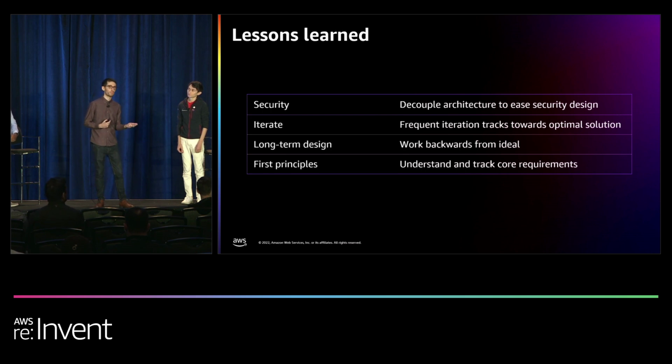What that means in reality is that we sat down together really early on in a room, and we worked through the functional, non-functional, and the business requirements so that we understood what was critical and what was not critical. And this made the designing process a lot easier when we came to crossroads throughout the 12 months. So in that, I just want to thank the whole Bridgewater team for your partnership. It's been a lot of fun, and I'll hand it over to Robin to close us off.